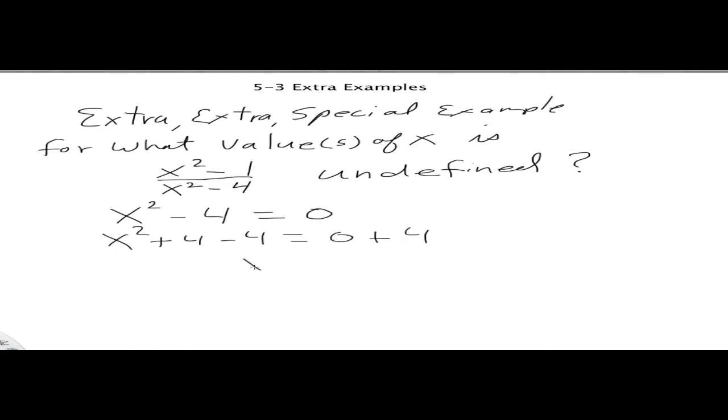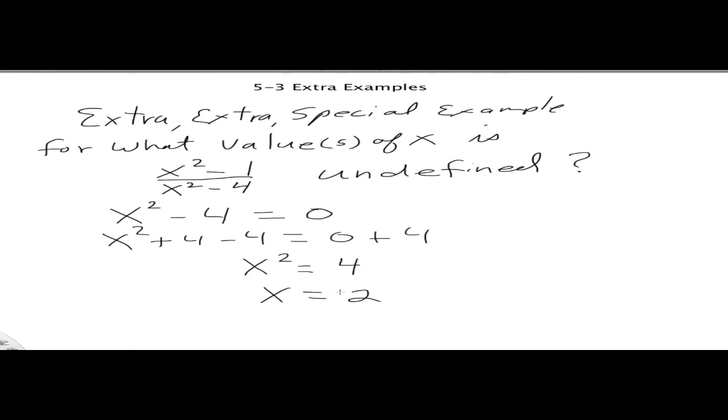That becomes 0, so x squared equals 4. Well, I want to know what values of x would make this true. So let's see, the square root of x squared is just x, and the square root of 4 is 2. So here I've got an answer that tells me that when x is 2, this is undefined.